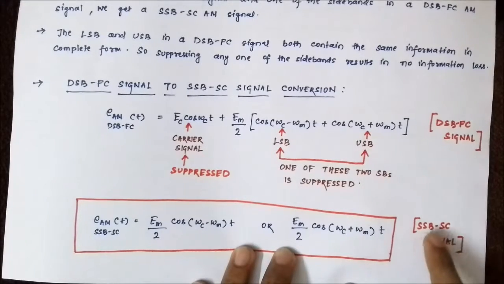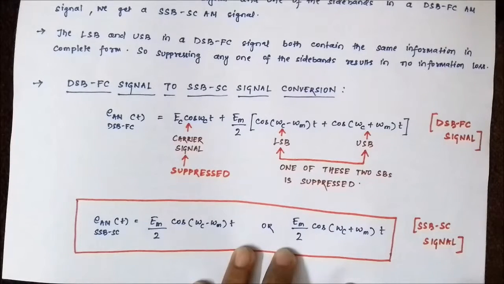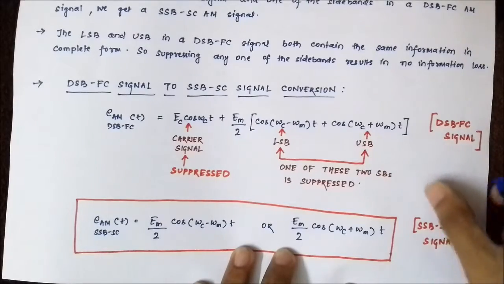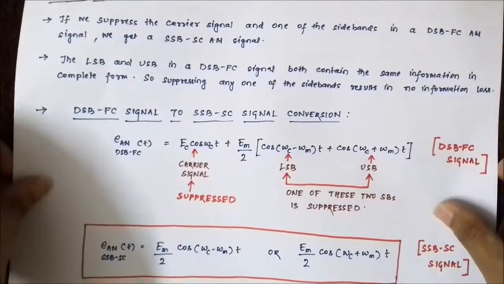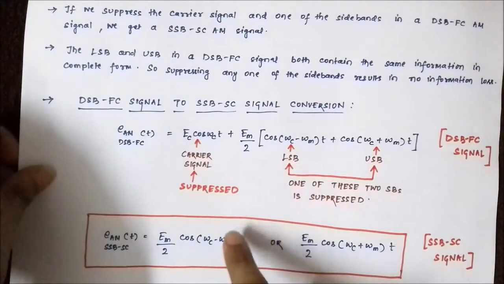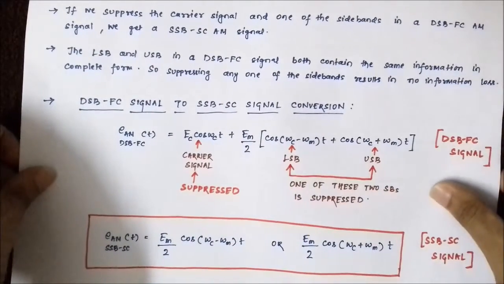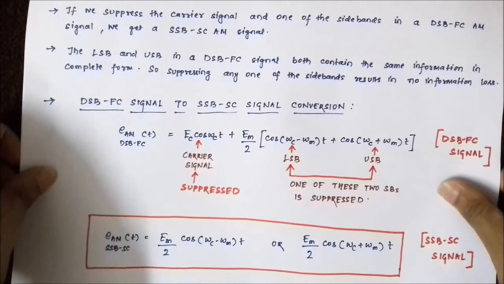Single sideband means only one sideband is passed, and the carrier is also suppressed. If we only suppress the carrier signal, we get double sideband suppressed carrier. If we suppress the carrier signal along with one of the sidebands, we get the single sideband suppressed carrier.